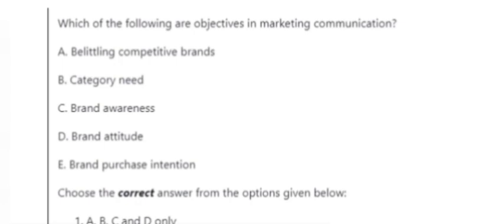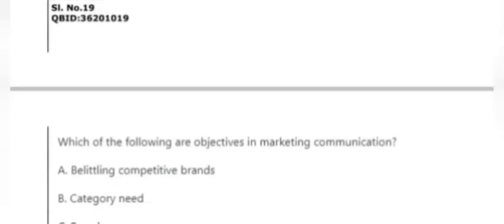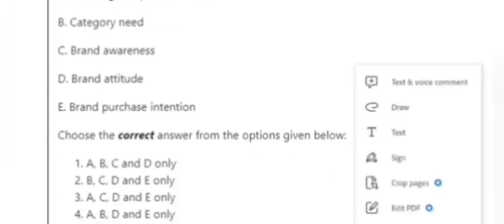Belittling competitive brands, category need, brand awareness, brand attitude, brand purchase intention. ABCD, BCDE, ACDE, ABDE. So what do you think? Number 19, option B will be correct. B, C, D, and E.